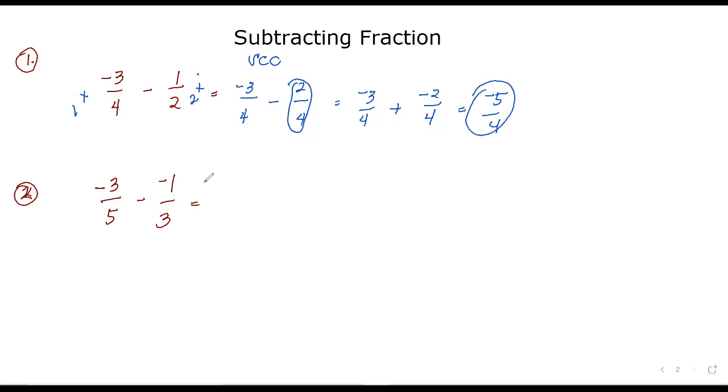Okay, here in number 2, negative 3 over 5 minus negative 1 over 3. Just like before, you need to get the LCD of 5 and 3. 5 times 3 is equal to 15.